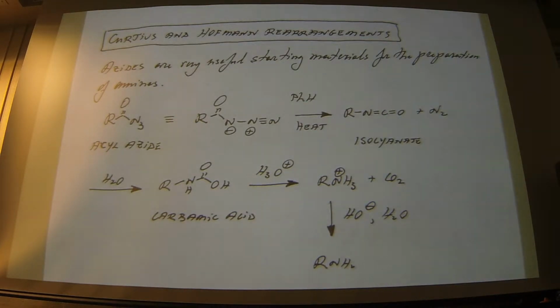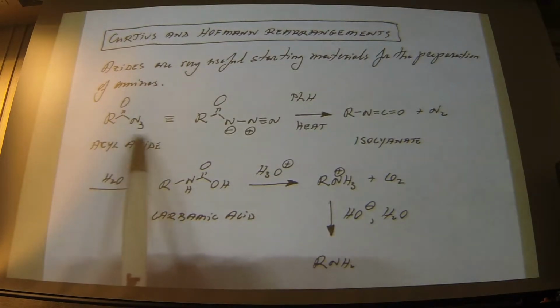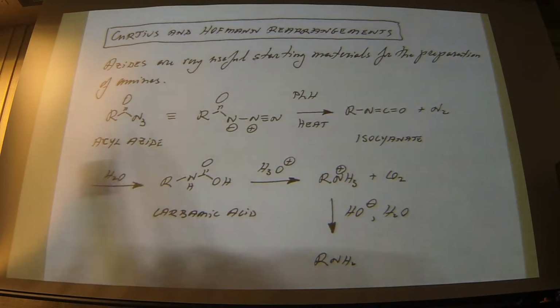Here's how it works. Start out with an acyl azide. Now, how do you make an acyl azide? Let's think back a little bit, when we talked about the stability series of carbonyls. We said that nitriles and amides were all the way to the non-reactive side. What was the most reactive carbonyl derivative that we had?